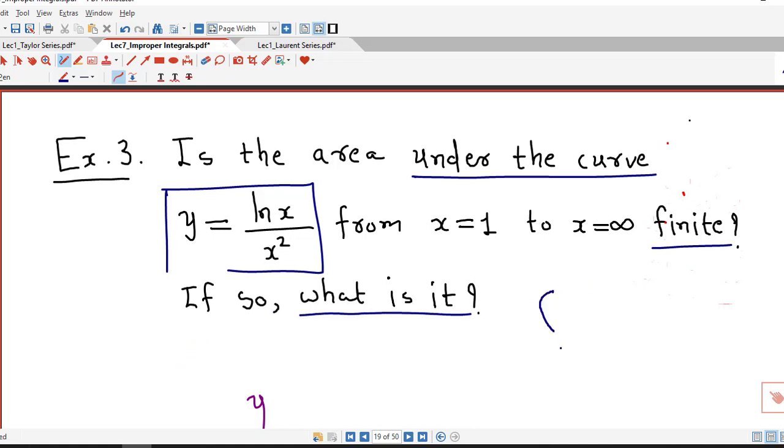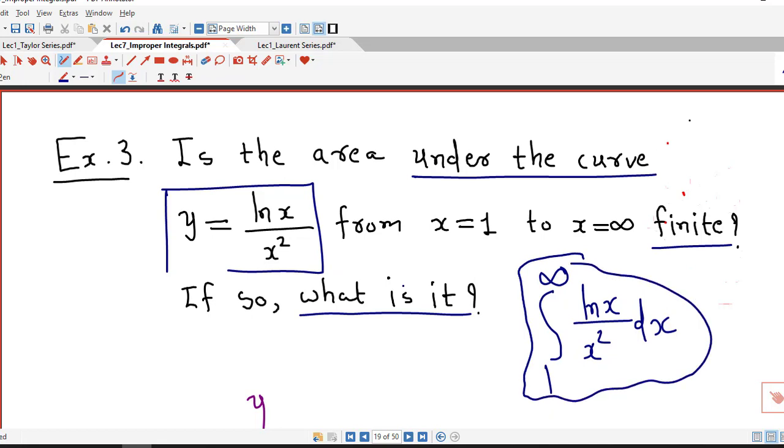So here, as we know, the value of area from 1 to infinity is nothing but the integral of the given function from 1 to infinity. So we are asked to check whether the area is finite. That means we are asked to check whether this improper integral is convergent or not.